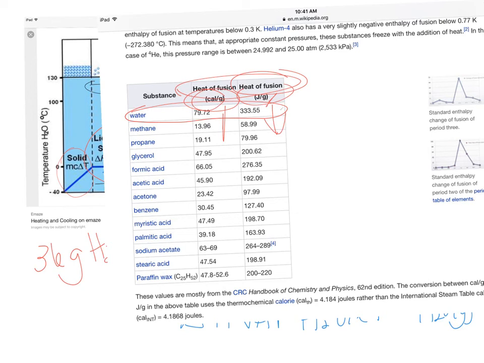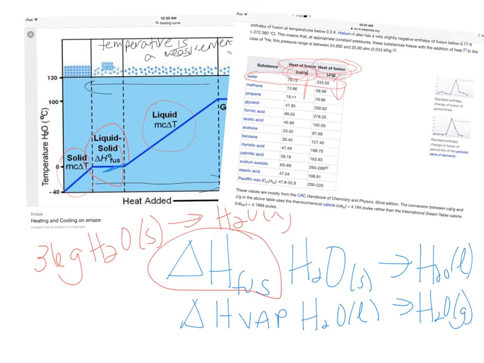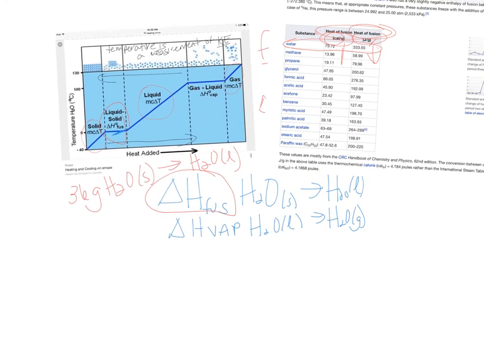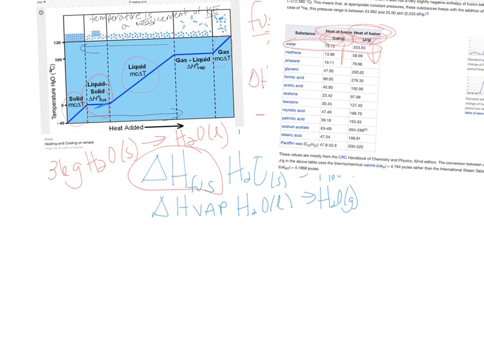In this case, we were told the heat of fusion in joules per gram. In the other table, it was kilojoules per mole. So it's important to look at your units. This is telling you how many joules you need to melt just 1 gram of ice. We have 36 grams of solid ice.